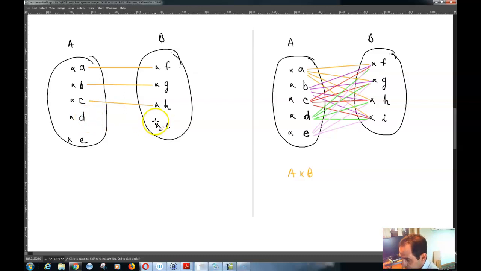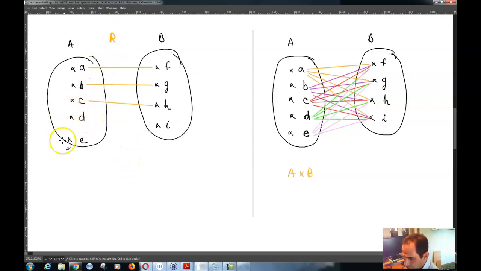Now, if this was also connected to some element over here, and this was also connected to some element over here, then all of these elements would be the domain of this, and this is some relation, let's call it R, the relation R. Okay.